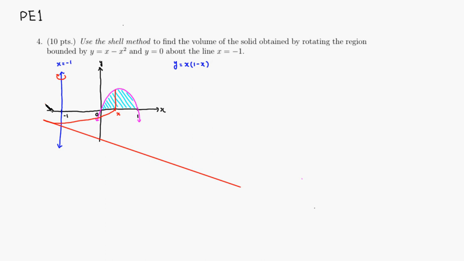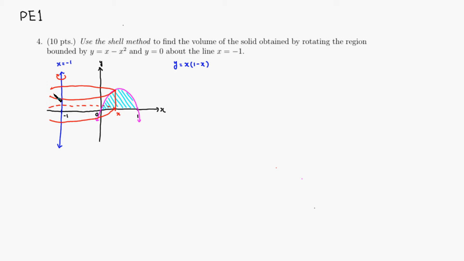Let me see if I can draw this a little bit better. It's going to look kind of like this. I'm just going to draw a part of the shell. On this side, I guess you can't see those. So it's going to look like that.